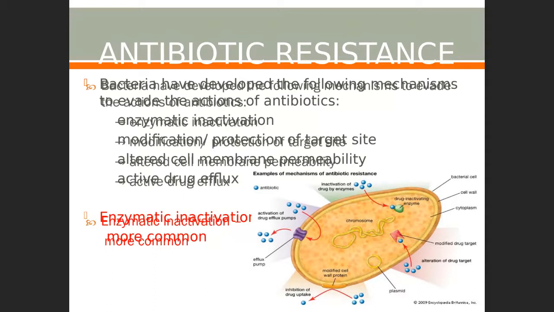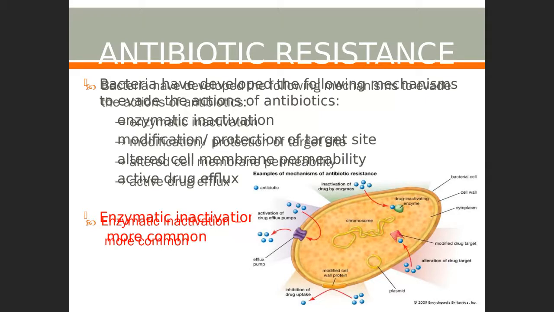That means if the target site of the antibiotic is DNA, then what does the bacteria do? It protects the DNA or it modifies the target site. Next is altered cell membrane permeability.